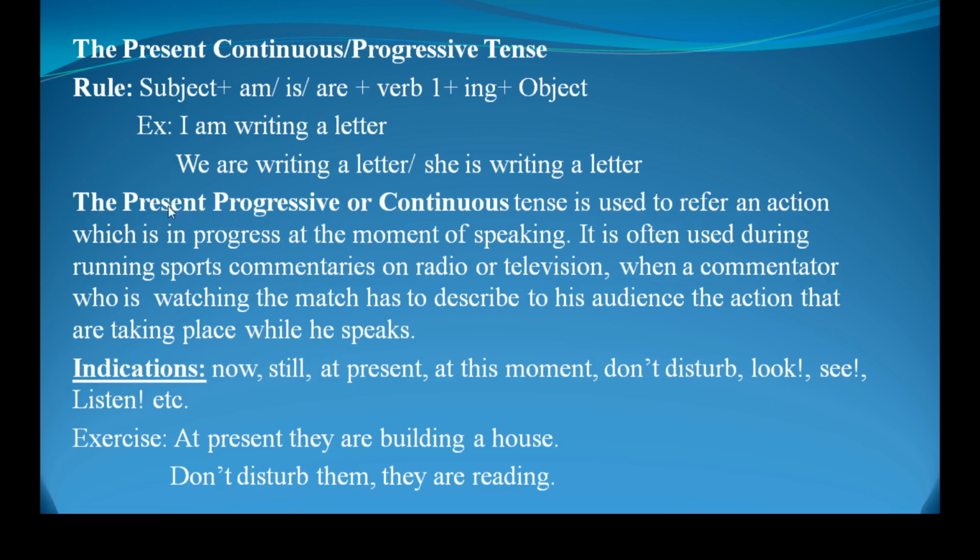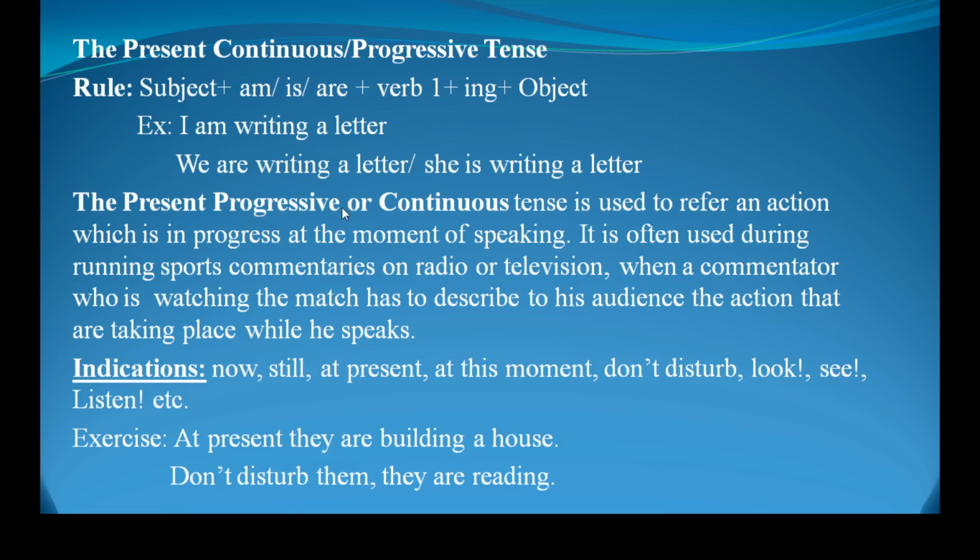Here the present progressive or continuous tense is used to refer to an action which is in progress at the moment of speaking. For example, when you observe the commentators on radio or television or a sports match, they use progressive or continuous tense to describe the events which are happening while he or she speaks.